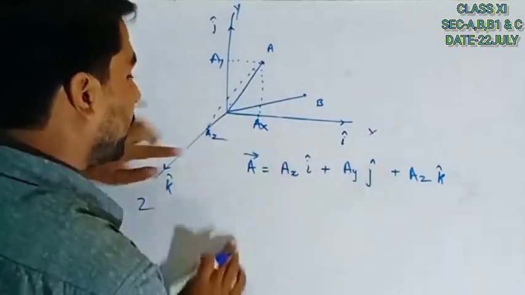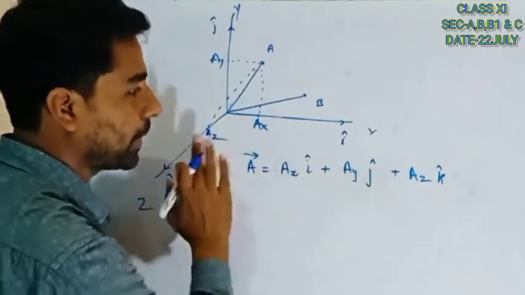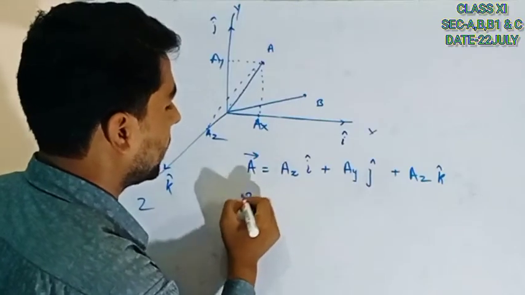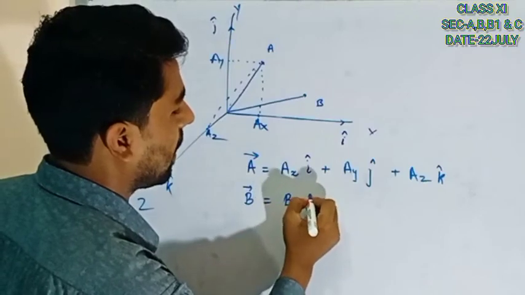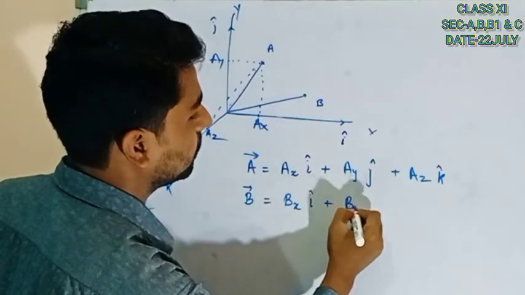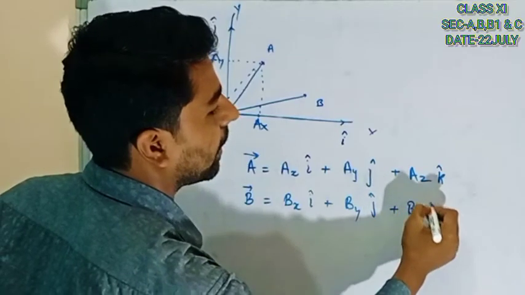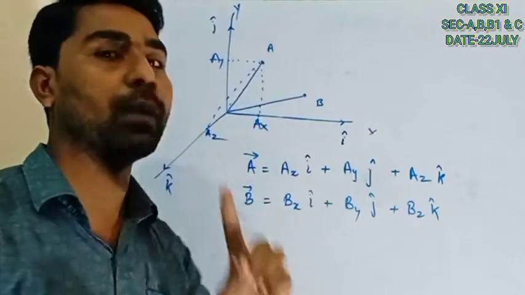Without ijk, you will write only A. But with ijk, you have to write vector A. So this is all the information about vector A. Same way for vector B: bx i cap plus by j cap plus bz k cap. Why we are talking about this, you will come to know soon when I solve one numerical based on this.